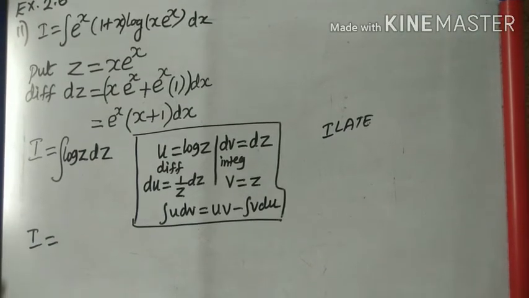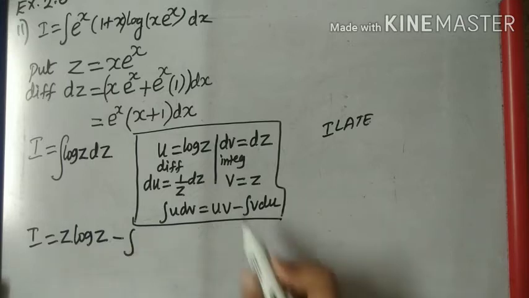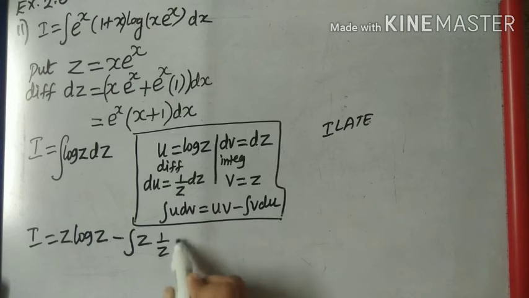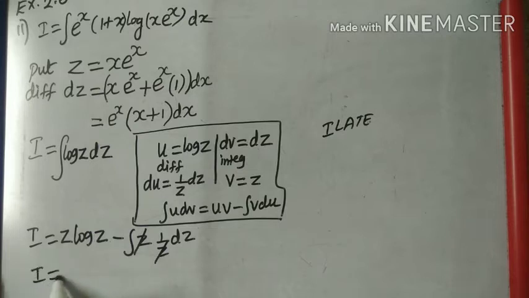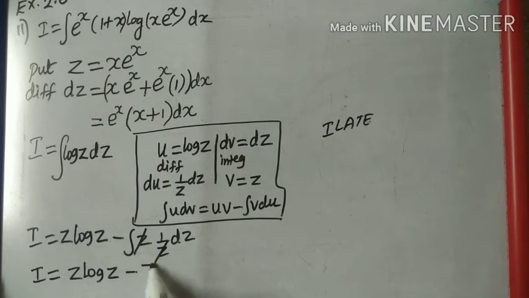What is u actually? log z. v is z, minus integral v du. v is z, du is 1 by z dz. z and z will get cancelled. So I am left with I is equal to z log z minus integral, and the differential will get cancelled. I am left with z. Integration over means plus c.